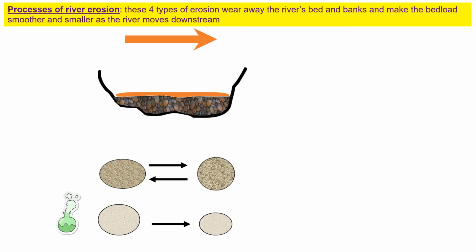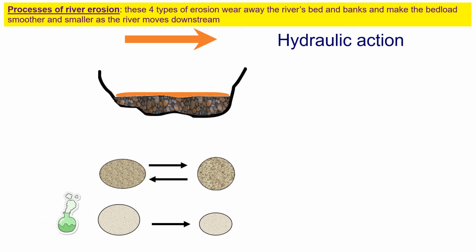Okay. So what you've got here is the 4 types of river erosion. Okay, and it wears away the riverbeds and banks and makes the bed load, which is the rocks that are carried in the river, smaller and smoother. Okay, and there's 4 different ones. So we've got hydraulic action. Now hydraulic action, the reason there's an arrow there is the sheer force of the water entering the cracks in the side of the riverbed.